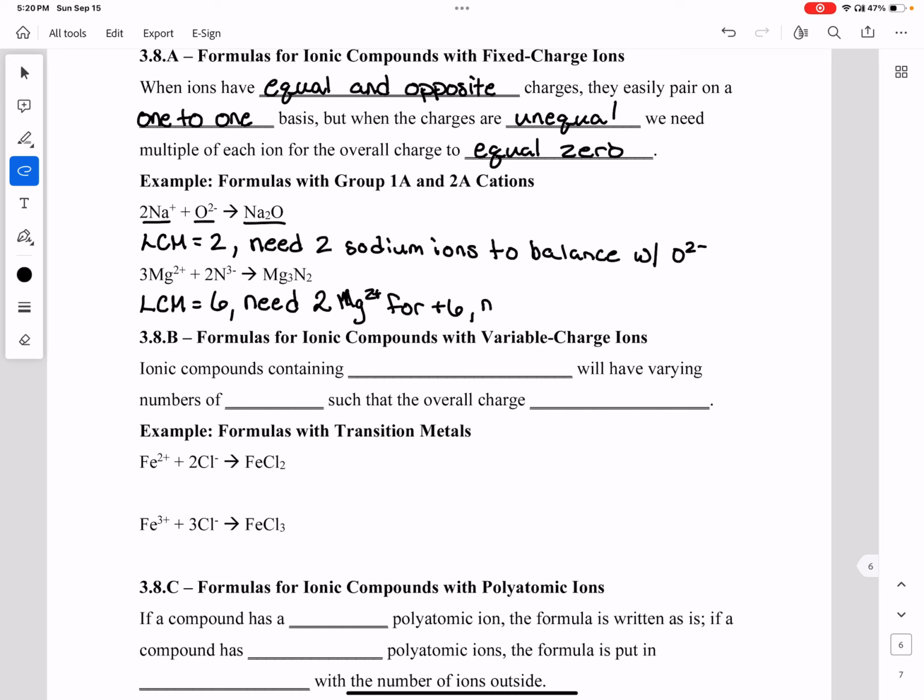Oh no, excuse me, this is supposed to say 3. And to balance out, I need 2 nitride 3 minus for negative 6. And then the charges are balanced. So that is how we solve the puzzle of how many atoms of what ion, or it's kind of a weird way to say it, but how many of each ion we need.